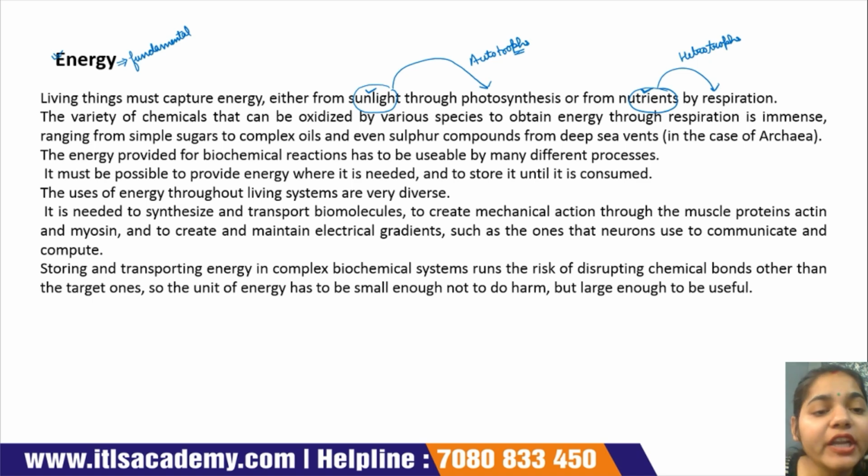A variety of biochemical compounds are available that can be oxidized by the species to obtain energy, and these chemicals may range from simple sugar to complex oil. This may be sugar, lipid or fat, and protein.